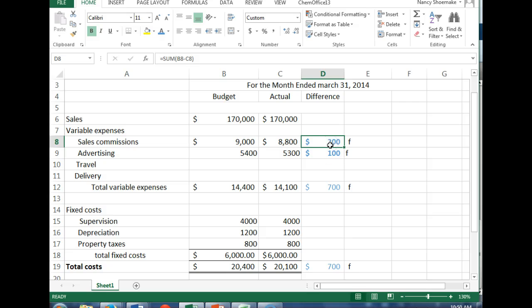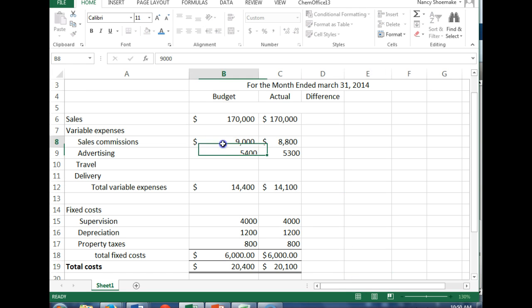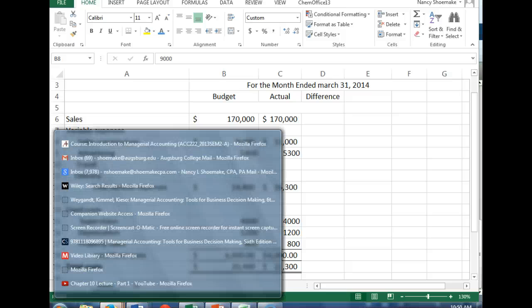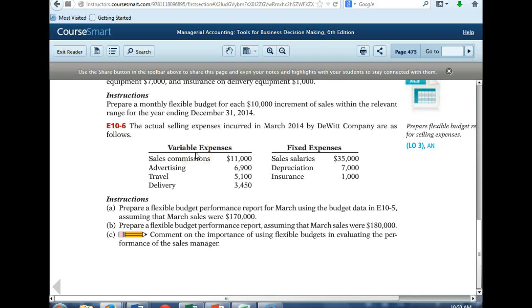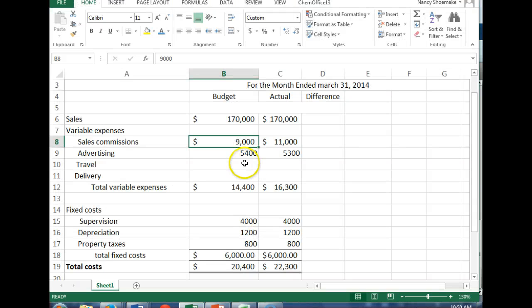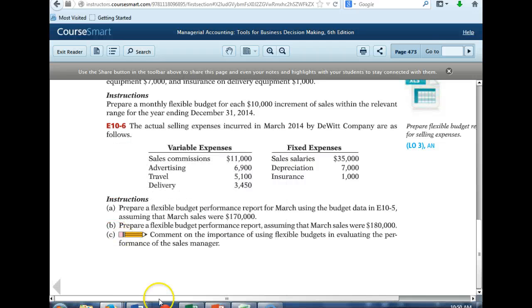So what we're going to do here, our sales commissions were what? The actual were 11,000. What were budgeted? 6% of the sales, or what would that be? Anyone know what 6% of those sales would be? $10,200.